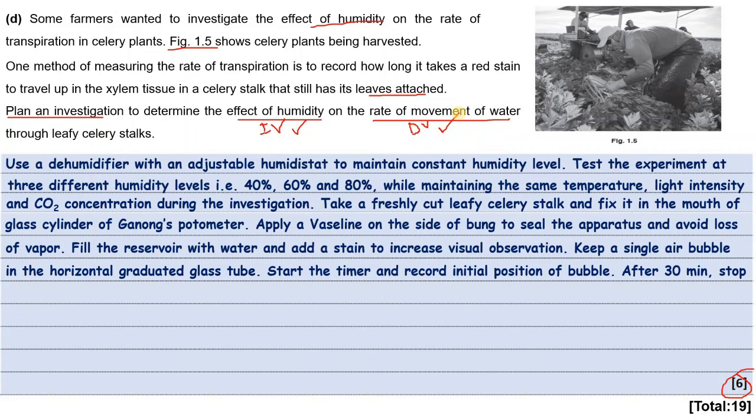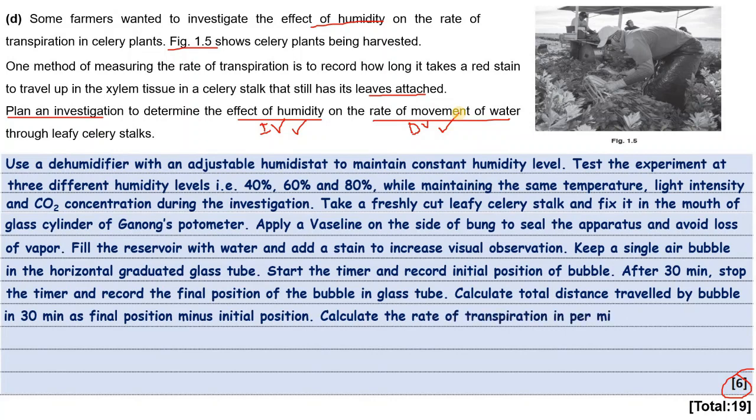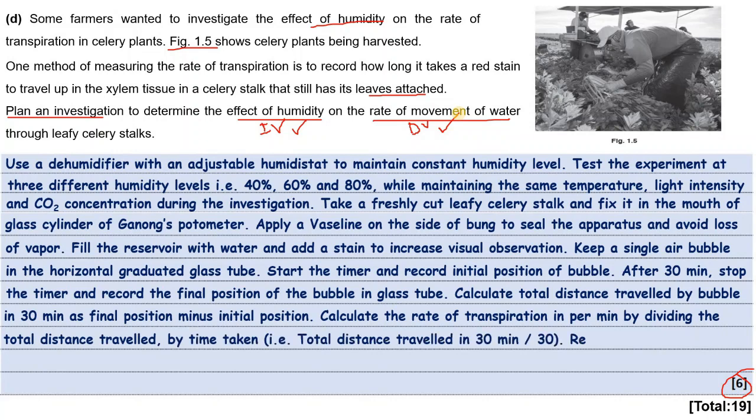Once this is added, after that we can take readings after 30 minutes, stop the timer and record the final position of the bubble in the glass tube. We can calculate the total distance traveled by the bubble in 30 minutes as final position minus initial position. Once you have completed the readings, you can state the predicted observation result. One thing needs to be understood, guys: we are not actually bothered about the calculations and the result which will come out from the investigation.